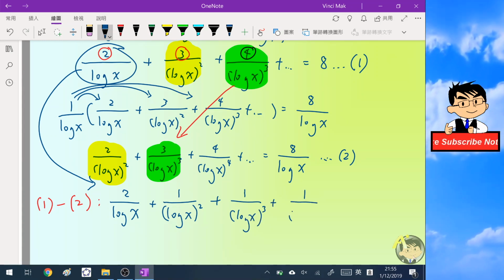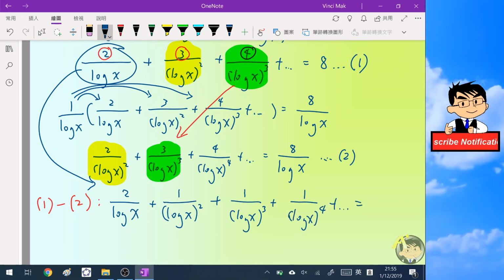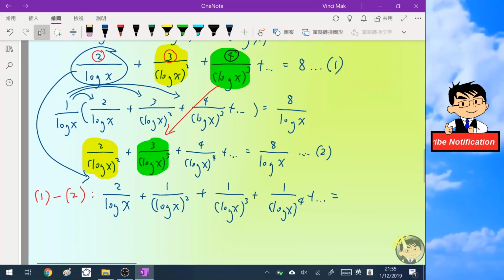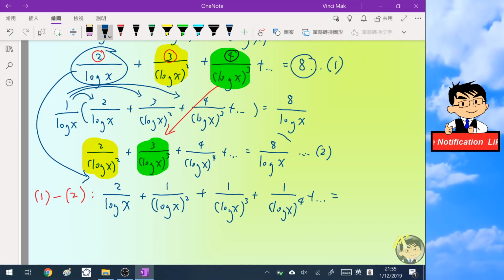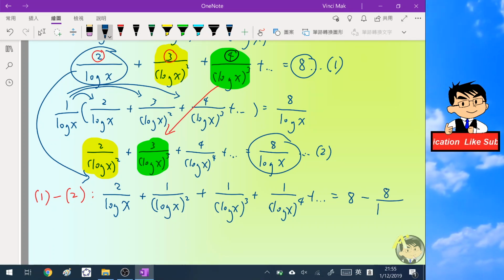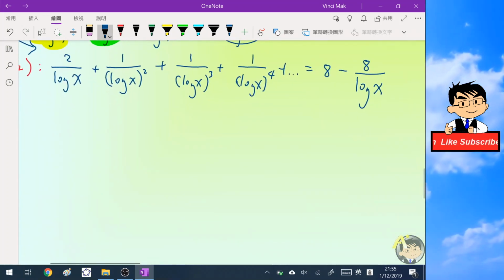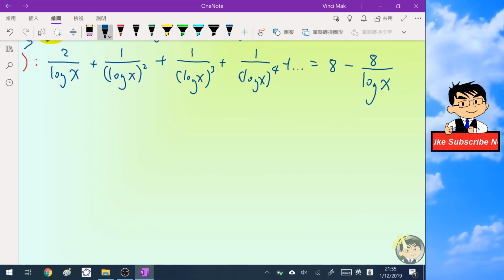And then the next term is 1 over log x to the power 4 plus dot dot dot. And then for the right hand side is 8 minus 8 over log x. So I write it on the right hand side like this. Okay, so now we can do more simplification.